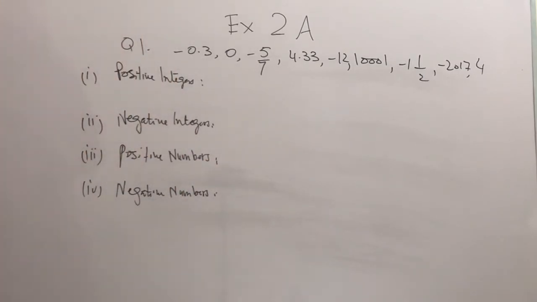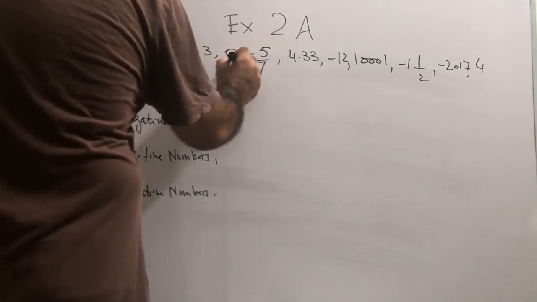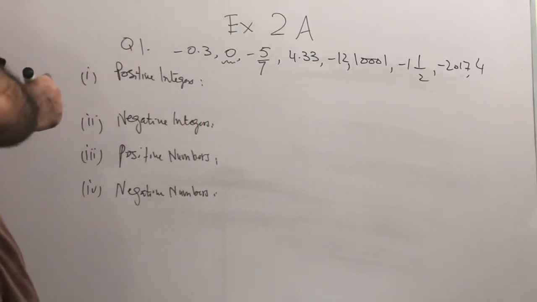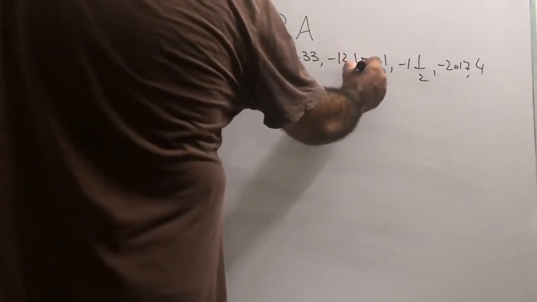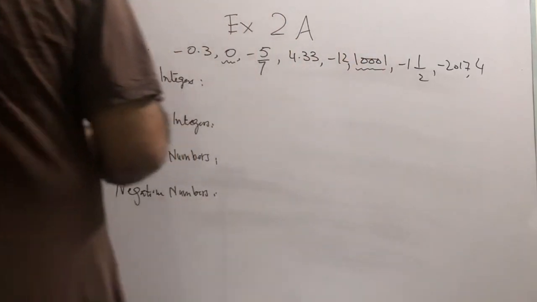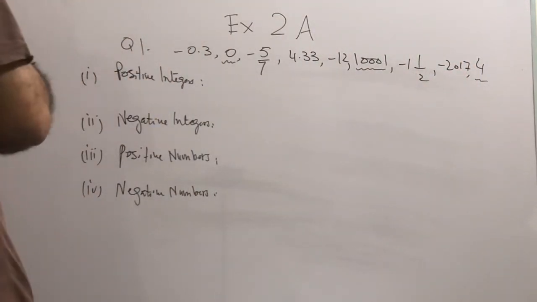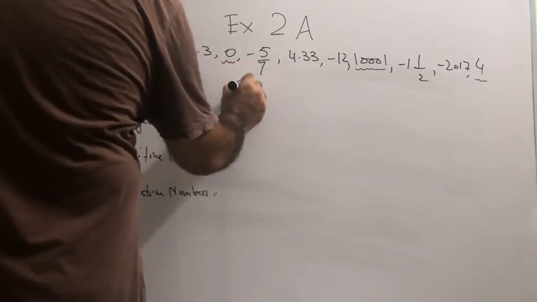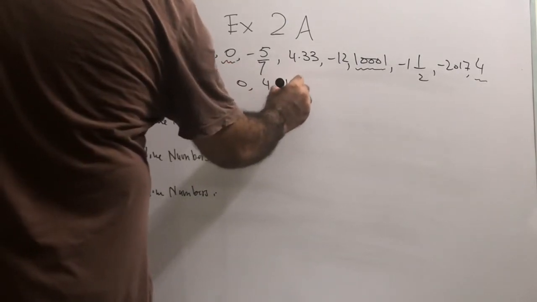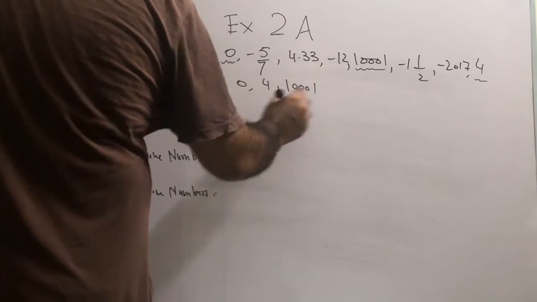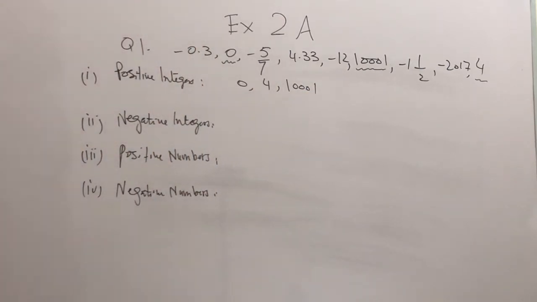So let's start from positive integers. Positive integers have 0, they have 1,001, and they have number 4. So we'll write 0, 4, 1,001. These are positive integers.